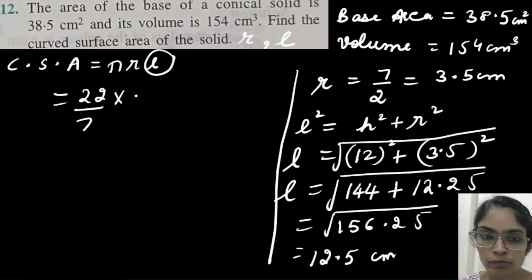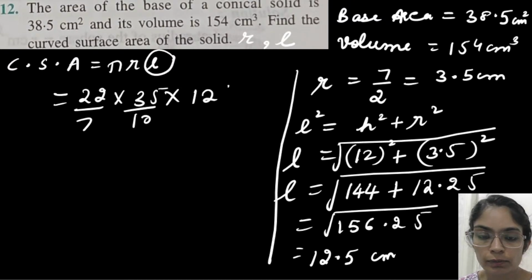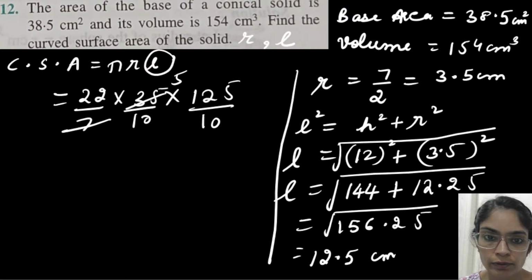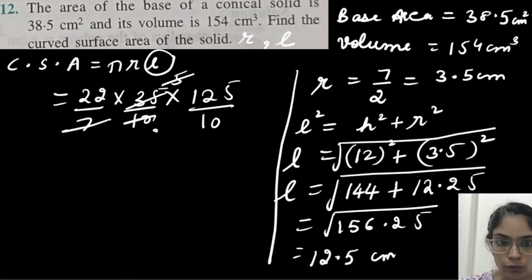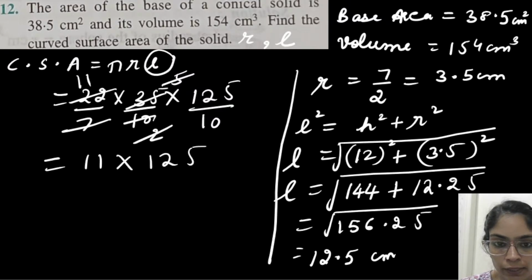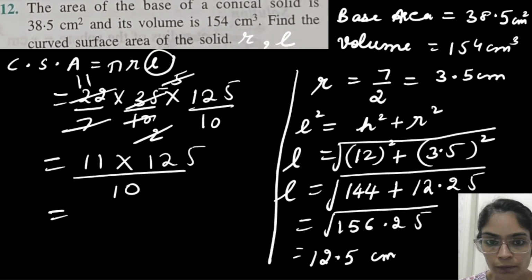R's value we found as 3.5. I can just remove the decimal. This is 12.5, so 125 by 10. So 7 into 5, 5 into 2, 2 into 11. So 11 into 125 by 10. Just multiply this and tell me what is the answer.